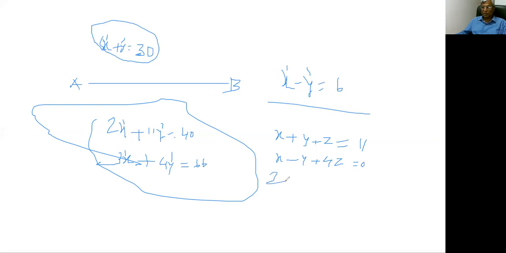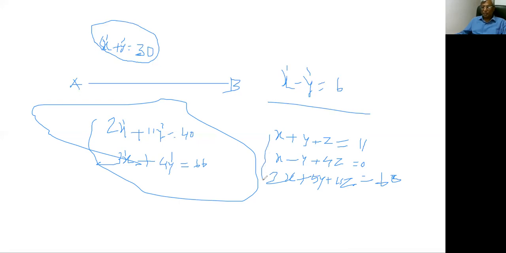Another is 2x plus 5y plus 11z is equal to 60.